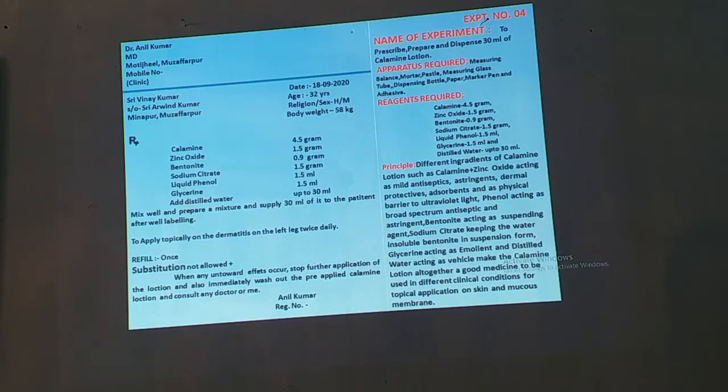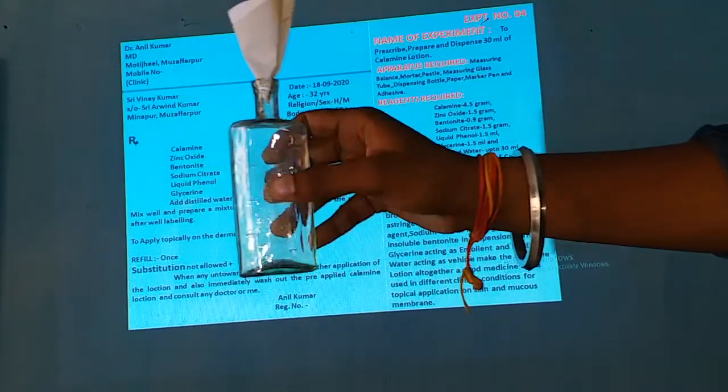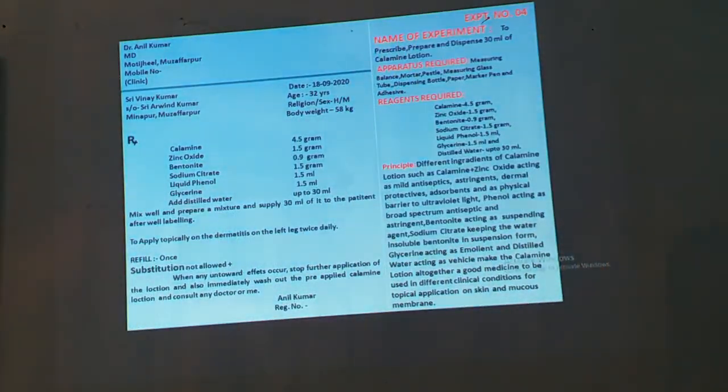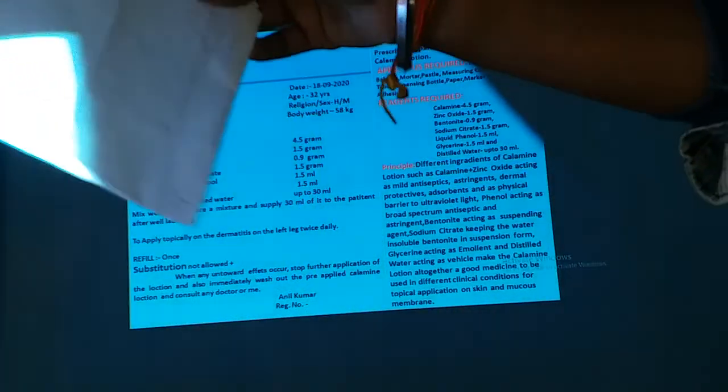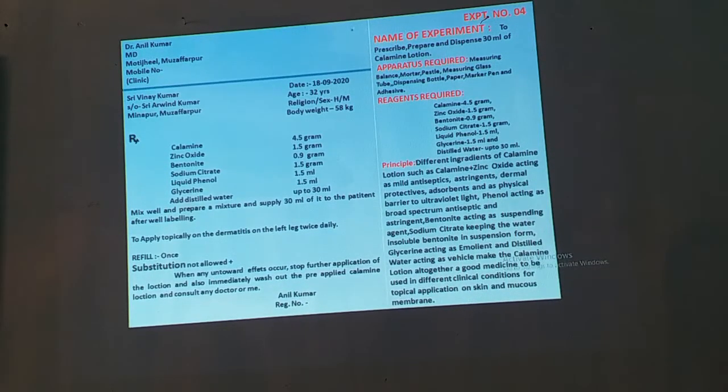This is dispensing bottle. Paper for labeling, used for labeling, and other is marker pen and adhesive.